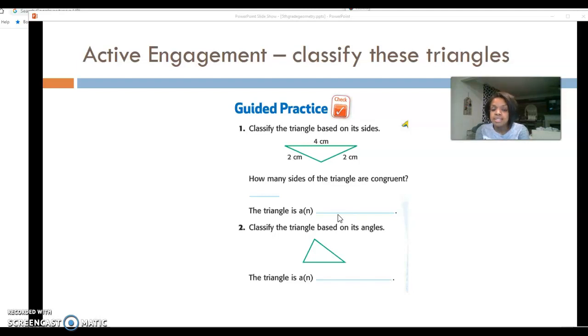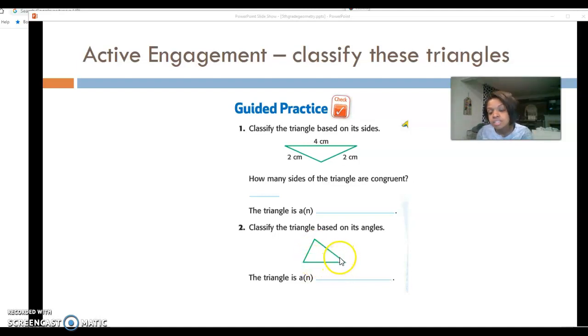Number 2 says, classify the triangle based on its angles. So looking inside of this, if all 3 sides are different, then I can look to see which angles I have. So if I'm looking here, this appears to be smaller than 90.